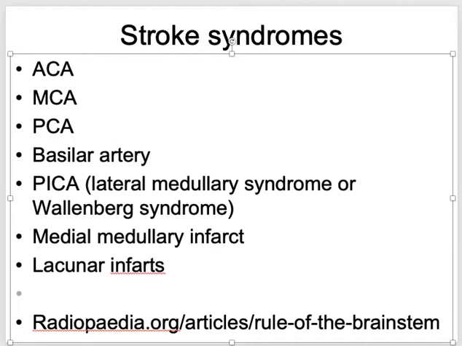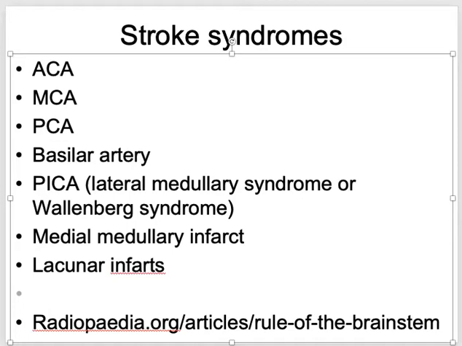If the dominant lobe is gone, aphasia will be there. If the non-dominant lobe is gone, neglect will be there, and the eyes will be deviated towards the side of the lesion. Lesion means the one which is in the brain, or you can say the eyes will be deviated away from the side of the weakness.